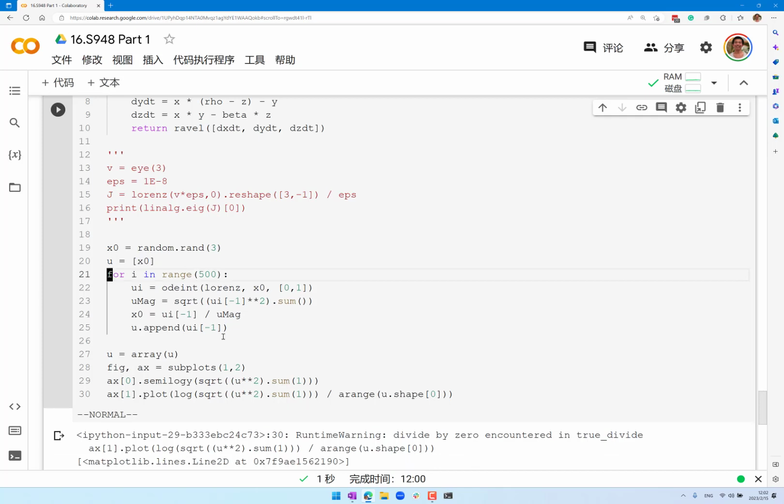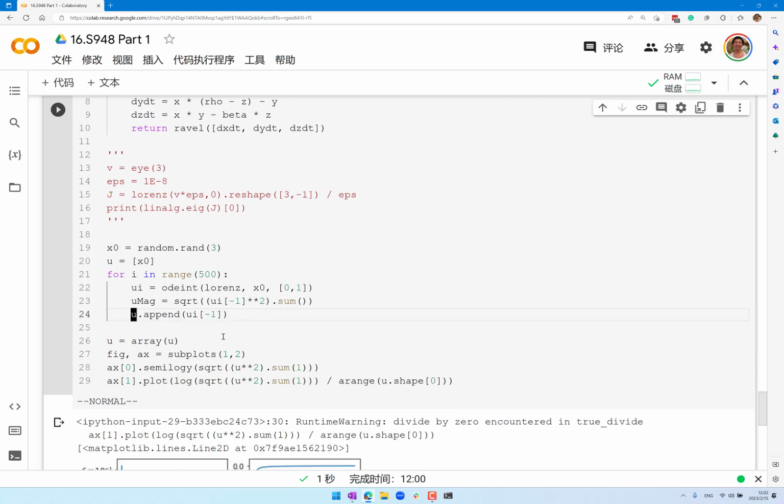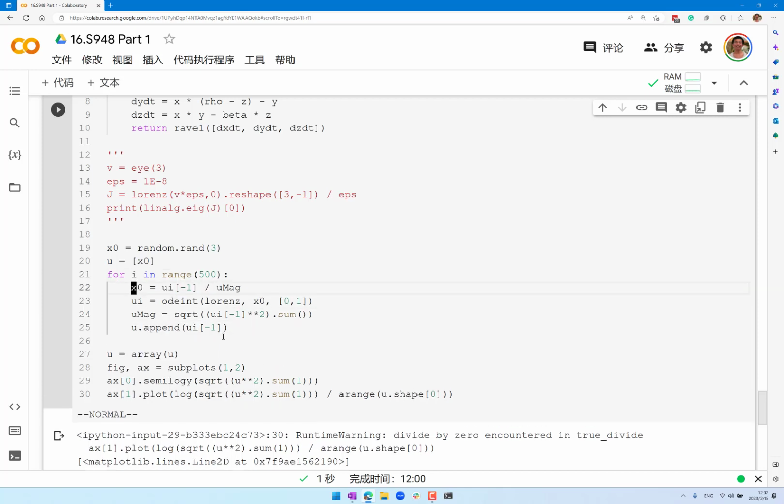Okay, so let me illustrate what I actually mean. Before the ODE int, I'm going to be normalizing the magnitude. So let me just compute the magnitude of x0, and x0 is equal to x0 divided by x0 magnitude.